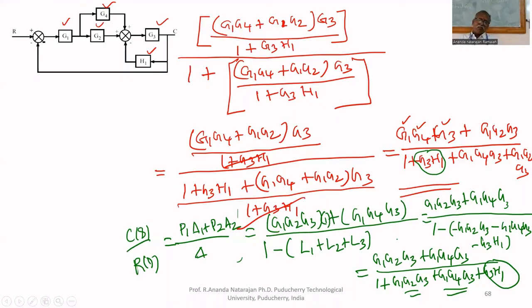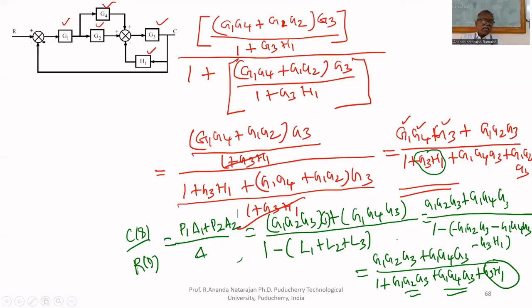The first method is called block diagram reduction. The second one is called signal flow graph. You have to convert the given block diagram into a signal flow graph, and then you obtain the mathematical model. So what is Mason's gain formula?